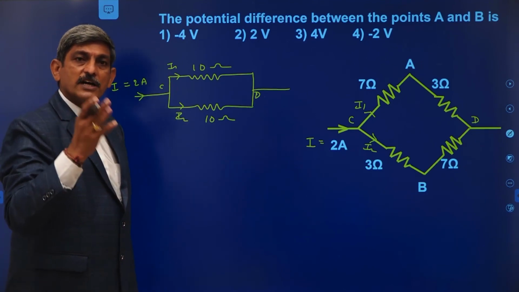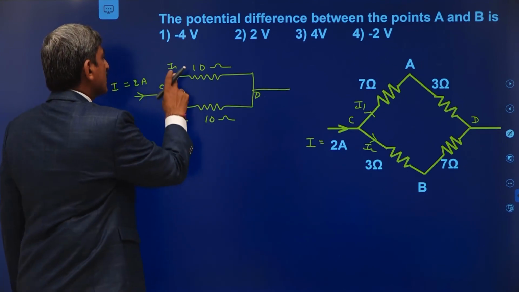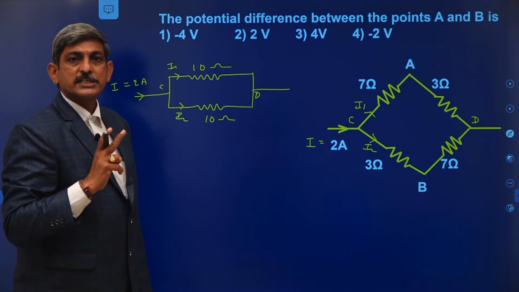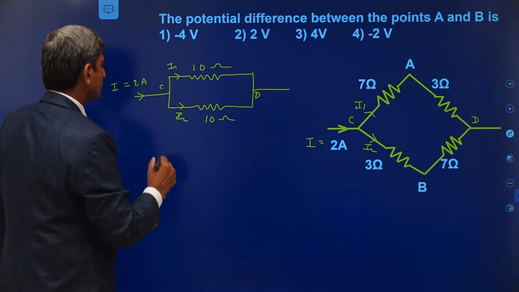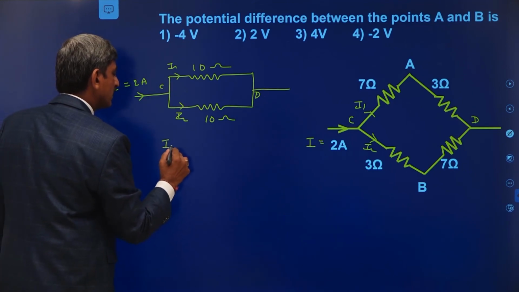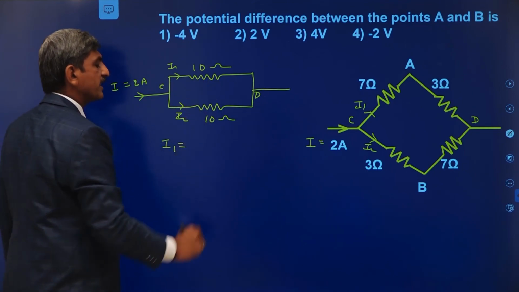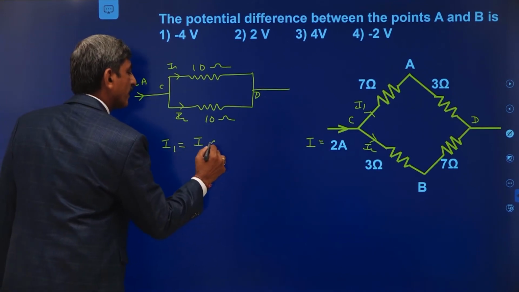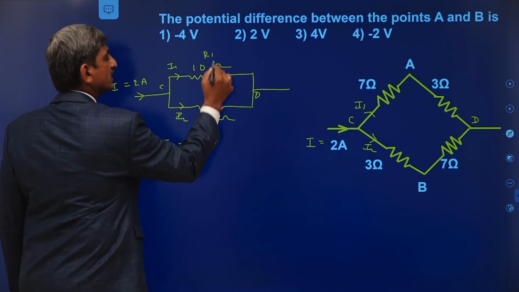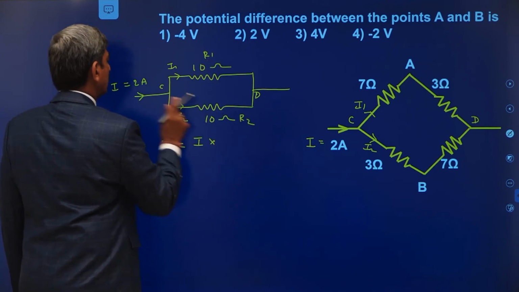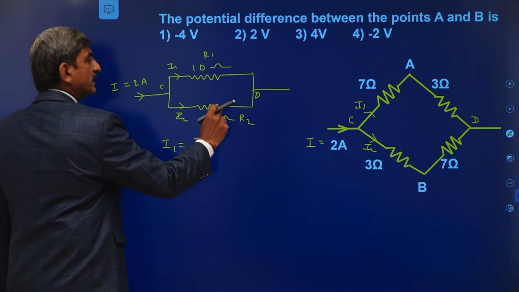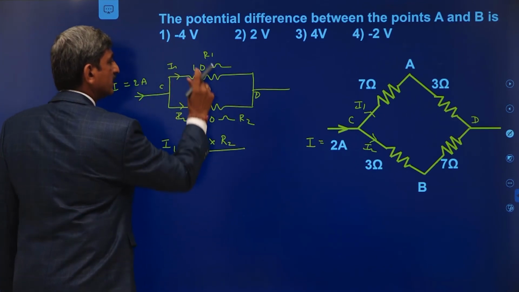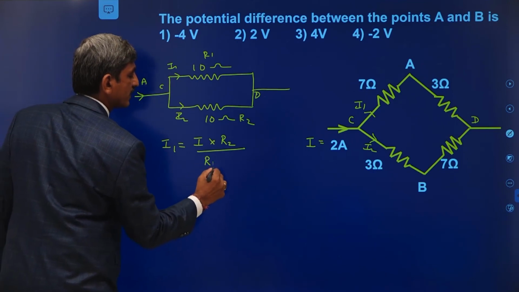Already in the Kirchhoff laws, I explained the calculation of the currents I1, I2 in two resistors connected in parallel combination. So just recall those formulas. The current in one resistor is given by I1 is equal to the total current I into, suppose this is R1, this is R2, the resistance of the opposite branch R2 divided by the sum of the two resistors R1 plus R2.